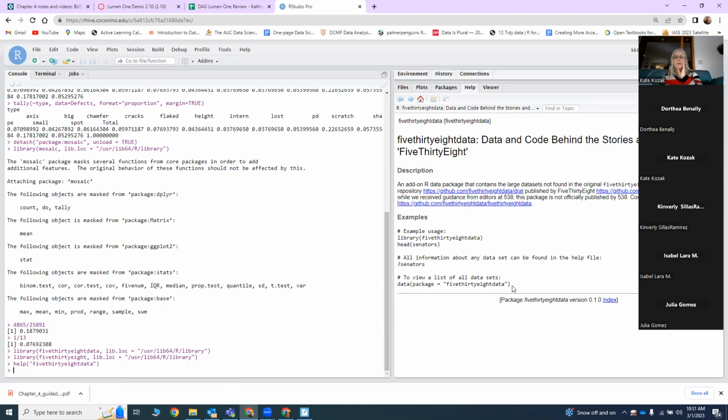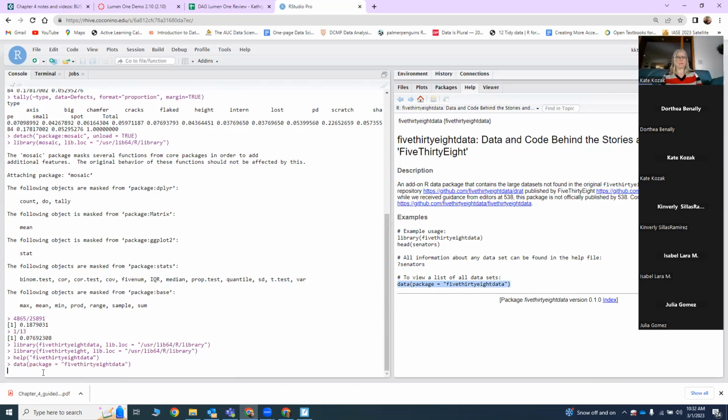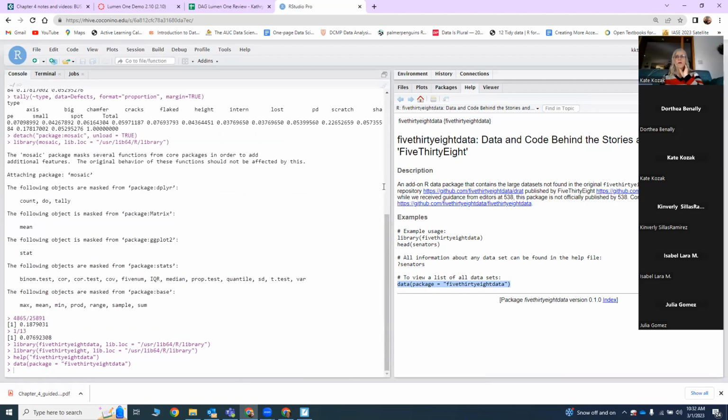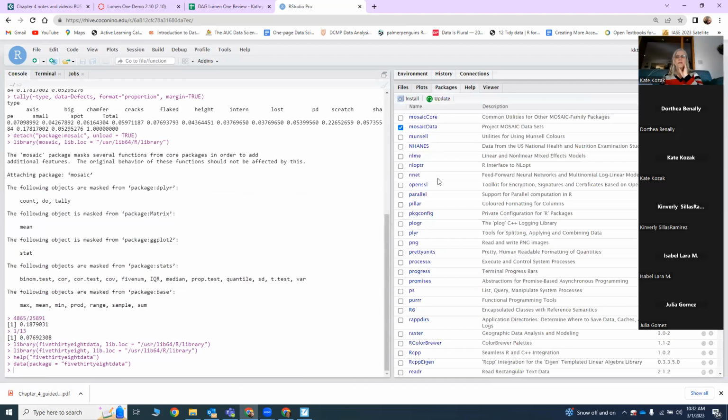Well, actually it says to list all the data sets, do this command. So we'll copy that command and run that command. And there's all of my data sets that occur in here. We are working with the one called hip hop, which may actually not be in this one. I think it's actually in the other one. So we're going to go look at the other package.